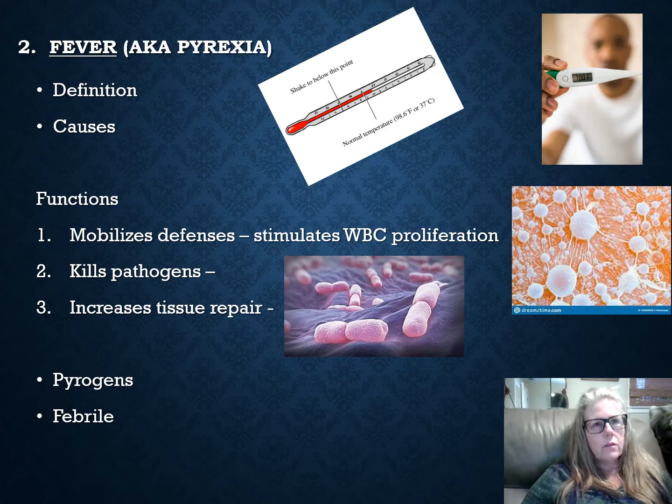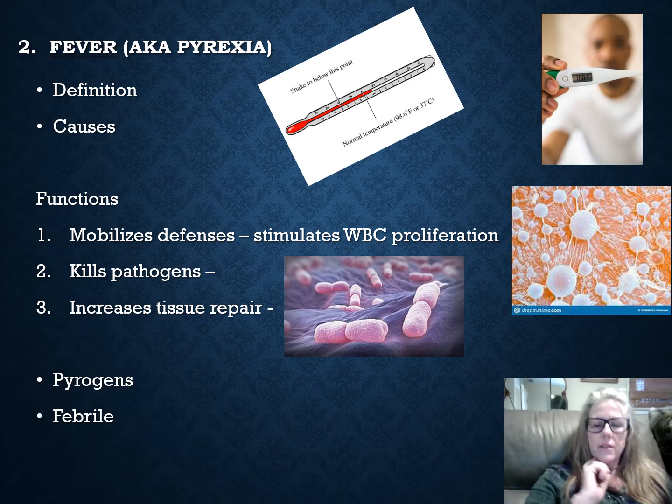Now, our normal body temperature. Do you know what our normal body temperature is? Our normal body temperature is considered 98.6 degrees Fahrenheit, plus or minus 1.0. That is actually an average. And there has been some talk in the scientific community about changing that average.